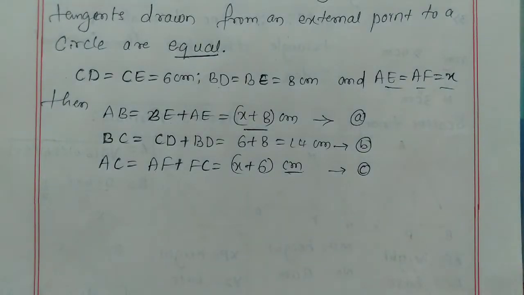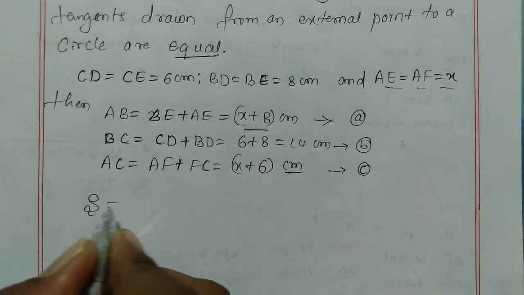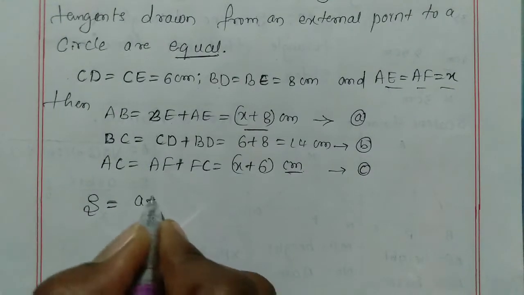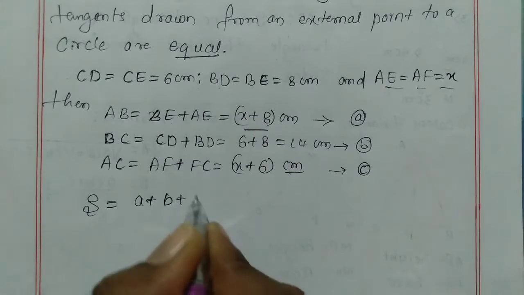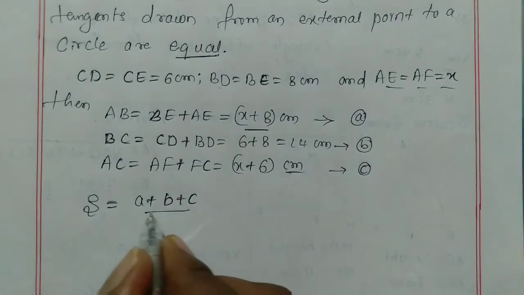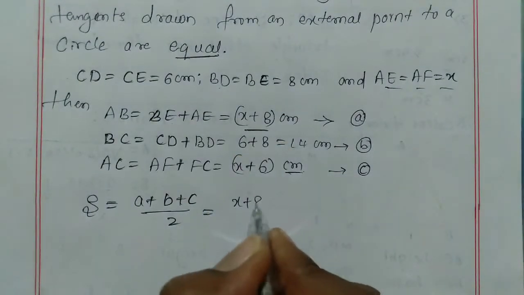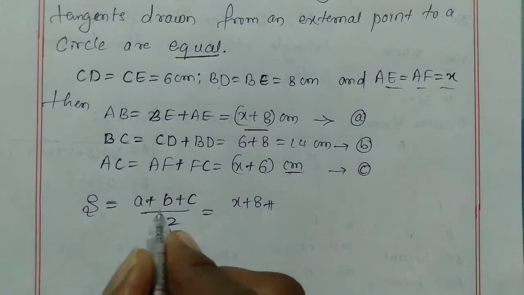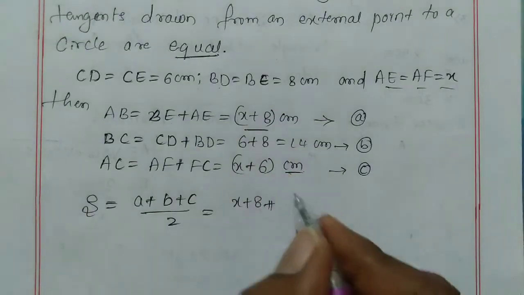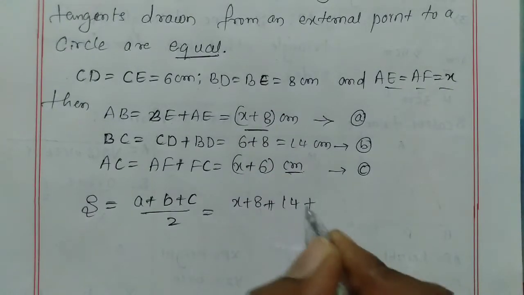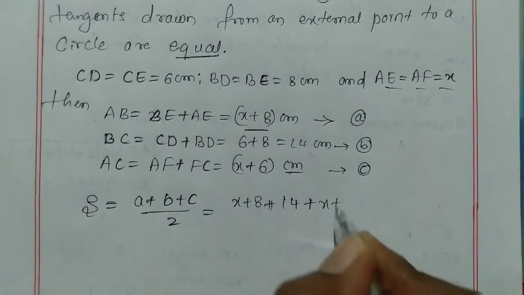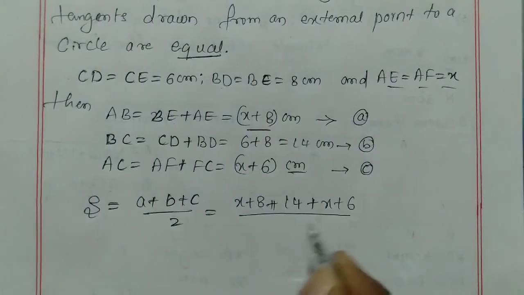Okay, so here the semi perimeter formula is (a plus b plus c) by 2. a means x plus 8, plus b means 14, plus c means x plus 6, divided by 2.